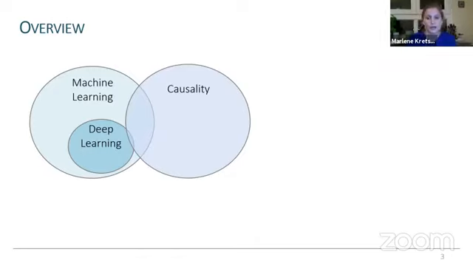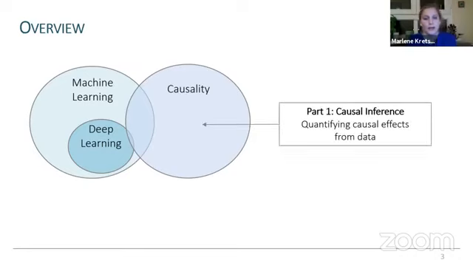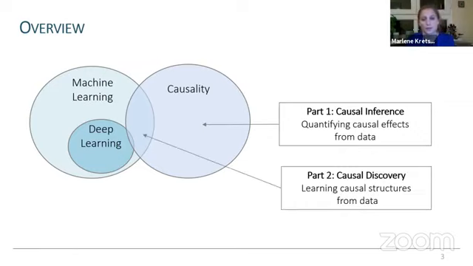In the first part of my talk, I will talk about causal inference and how we can use it to quantify cause effects from data. And then in the second part, I will talk about causal discovery, which is more on this intersection with machine learning, and we'll briefly discuss how this can be used to learn causal structures from data.